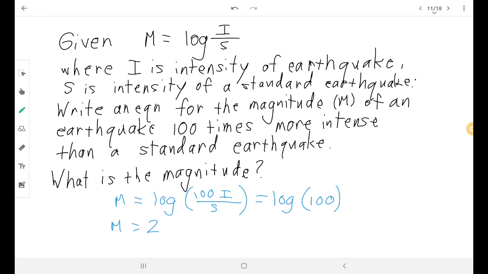We'll see later why that is. But so an earthquake that is 100 times more intense than a standard earthquake would be a 2 on the Richter scale. The M is the magnitude on the Richter scale. I'll give you a moment to look at that.